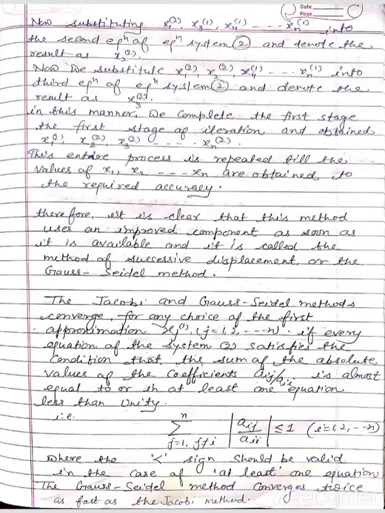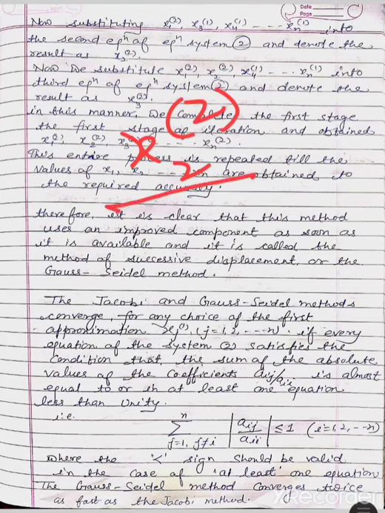For the second approximated value of x2 we substitute the second approximated value of x1 and the remaining first approximated values of x3, x4 and so on up to xn into the second equation of equation system 2 and denote the result as x2 superscript 2. This represents the second approximation for x2.